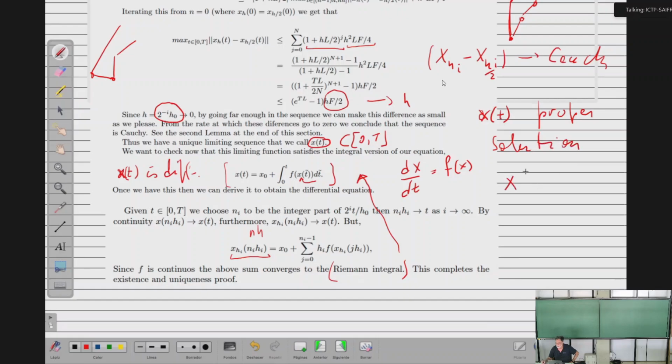And x of t0 is x naught, and x naught was inside this ball.